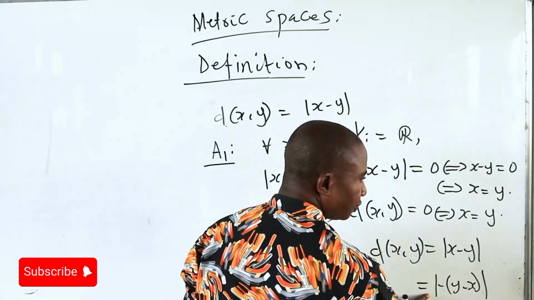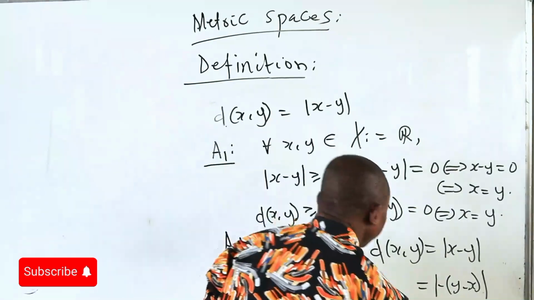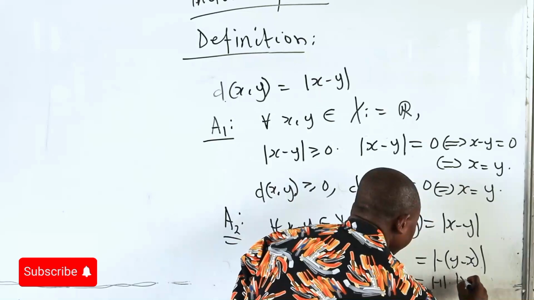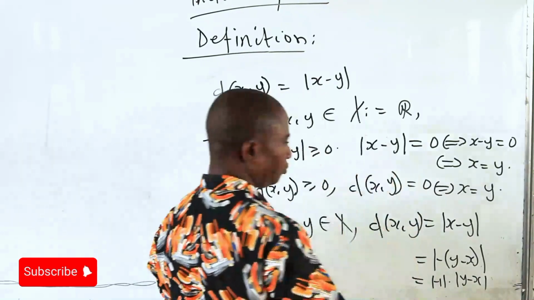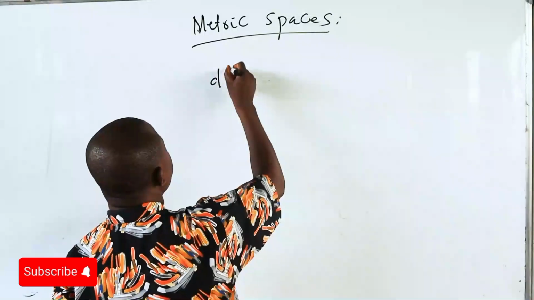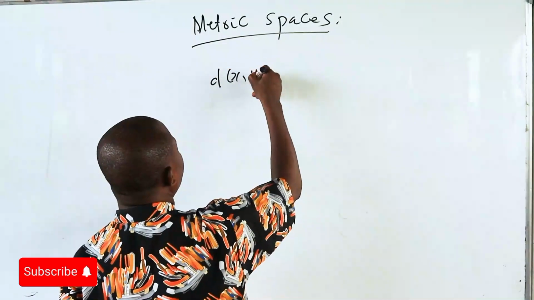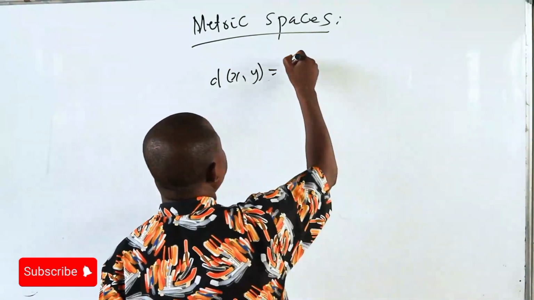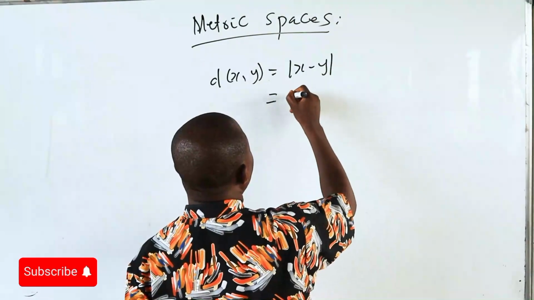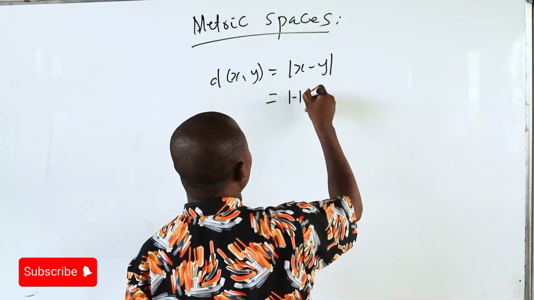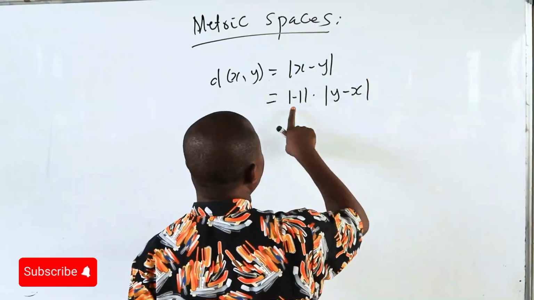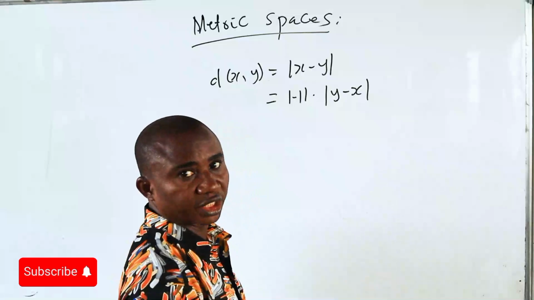Again, by a property of the absolute value function, this is the same as the absolute value of minus 1 multiplied by the absolute value of y minus x. But absolute value of minus 1 is 1.